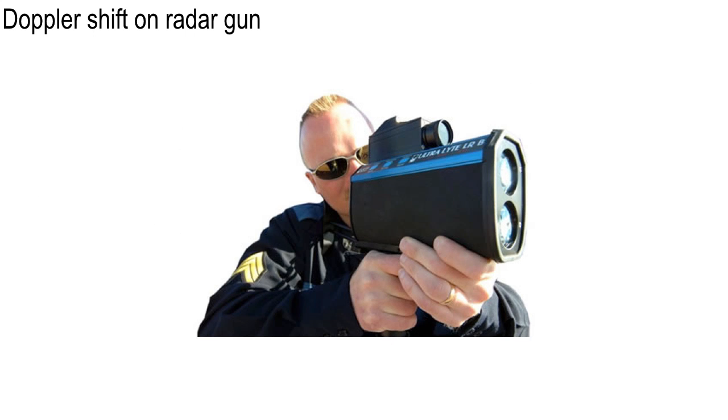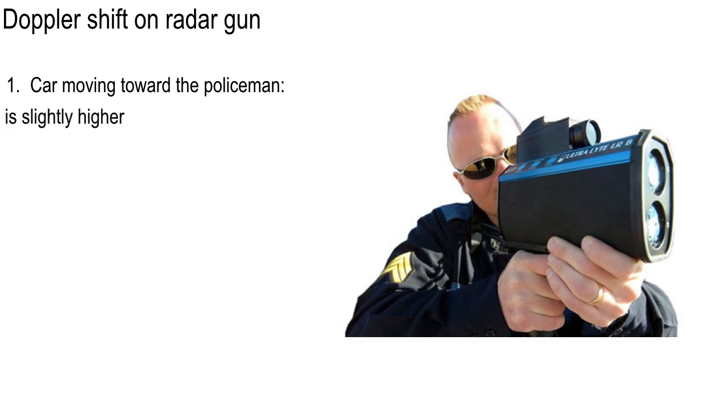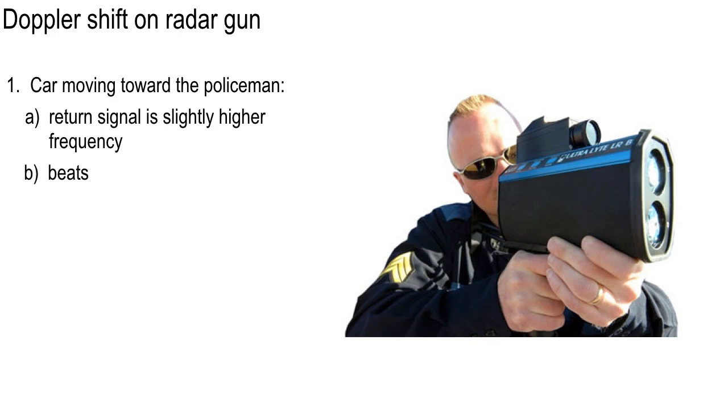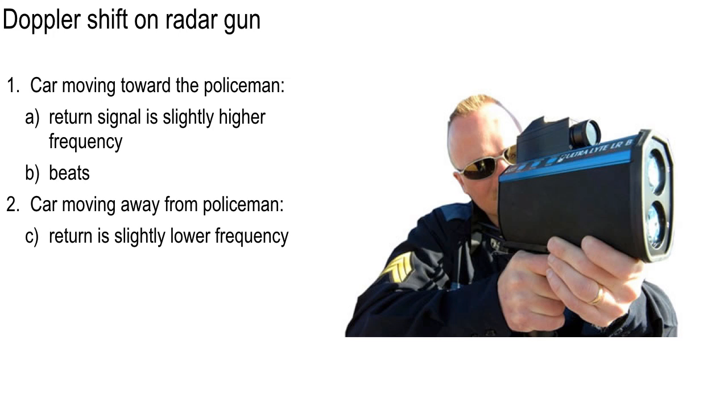And the policeman's radar gun has a little onboard computer, so if he measures a return signal that's slightly higher in frequency, he's going to catch those beats, just like we did 3 or 4 slides ago. And if the car is moving away, then the return frequency is going to be slightly lower. He's going to get beats.